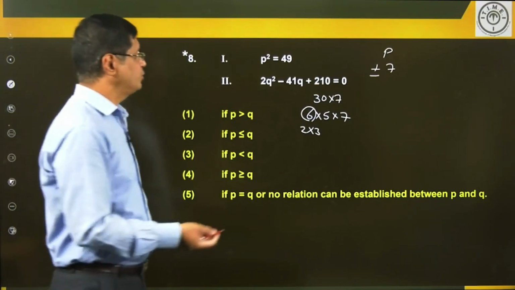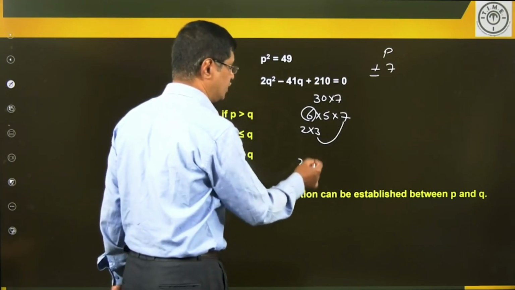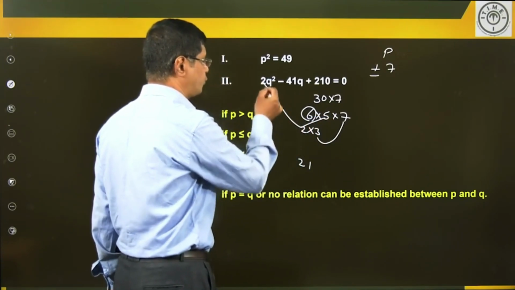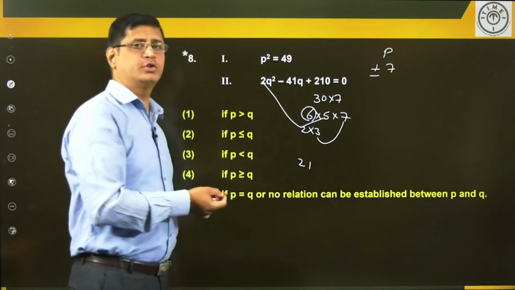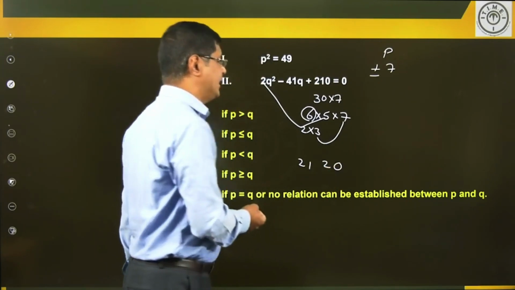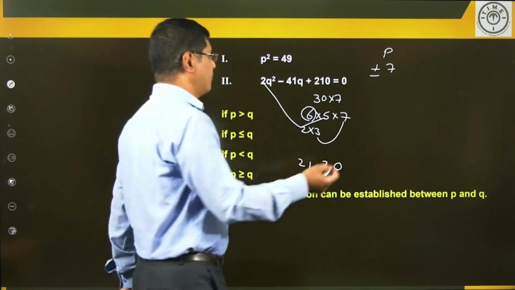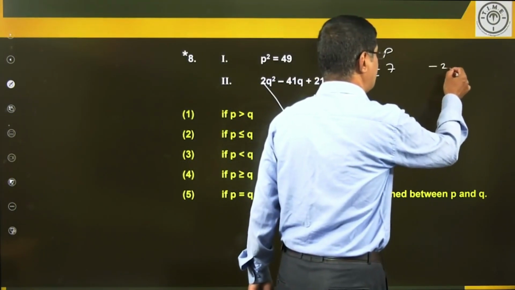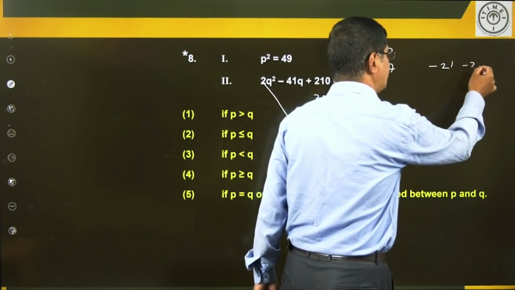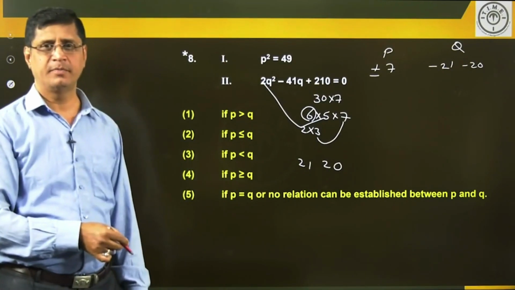Yes. Very simple. 3 into 7, that is 21. Now, 2 into 2 into 2, that is 20. So, what is the value? 20 and 21, which means minus 21 and minus 20.